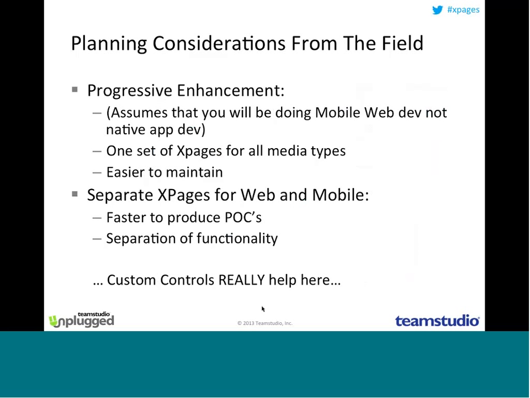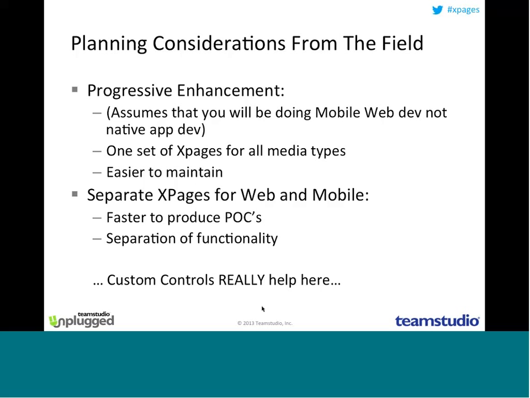Okay, you might hear a couple of things like progressive enhancement. That's more like an official way of doing things. So you have one set of XPages that will fit onto a screen of any size. And that's quite true, and that's how a lot of professional sites are these days. Going into this, I would probably recommend you start on the second part first, is have separate XPages for your web application and then your mobile web application.